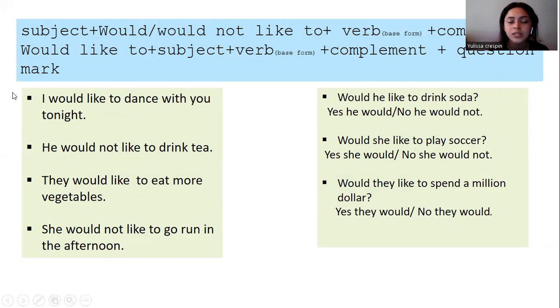And for the questions, the structure is the following. Would plus subject plus like to plus the verb in the base form and plus the complement and at the end the question mark. Here we have some examples. Would you like to drink soda? And yes, he would, or no, he wouldn't. And the next one, would you like to play soccer? Yes, he would, or no, she wouldn't.